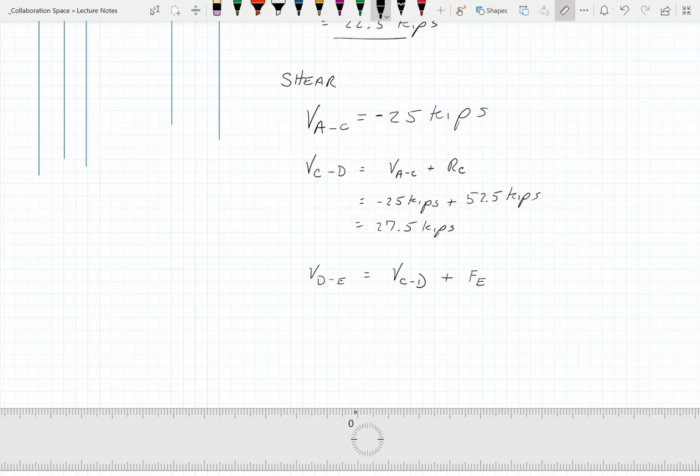No, force at D. Okay. And we got 27.5 kips minus 25 kips. So that leaves us with 2.5, yeah, 2.5 kips.